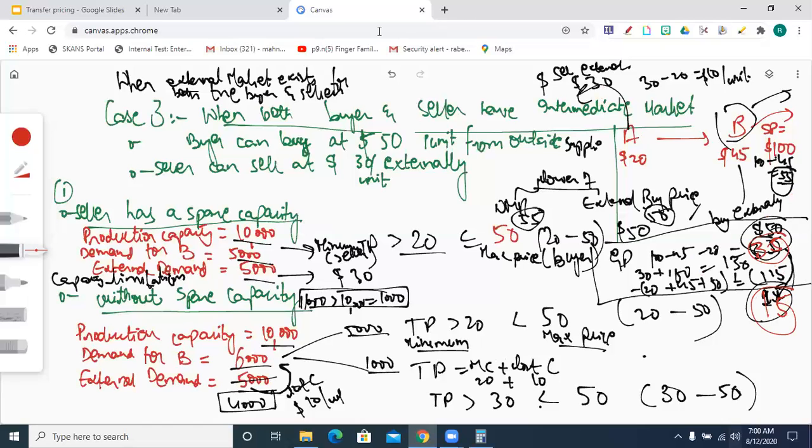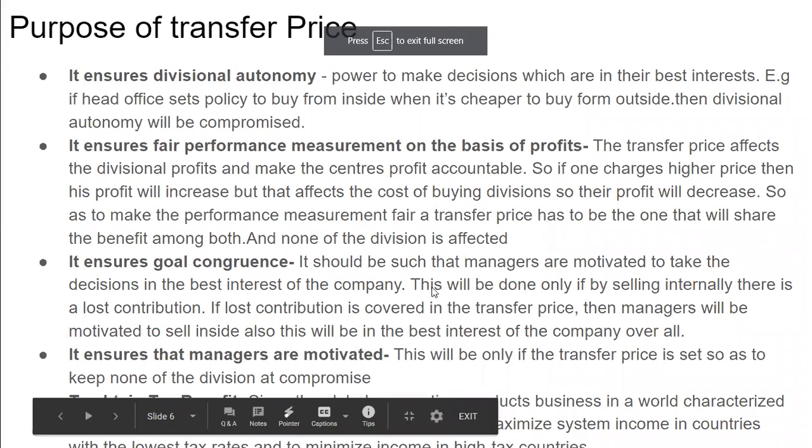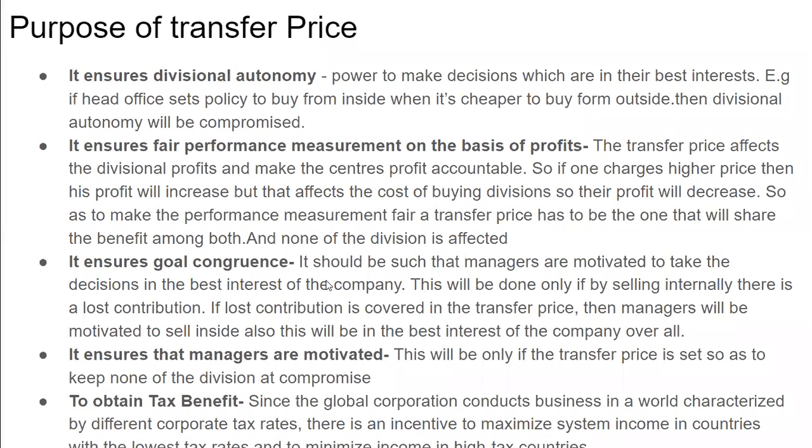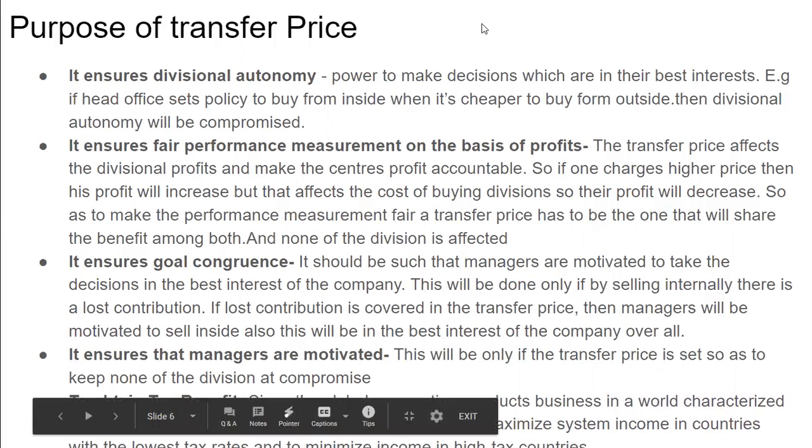So we need to ensure that we set an ideal price, so that the managers are motivated to trade internally and the group is not getting affected. And also the individual profits are not getting affected since they are profit centers and their bonuses are linked to their profits, so they don't want to be at any disadvantage. Hence, that would be motivation. That's the rationale of an ideal transfer price.